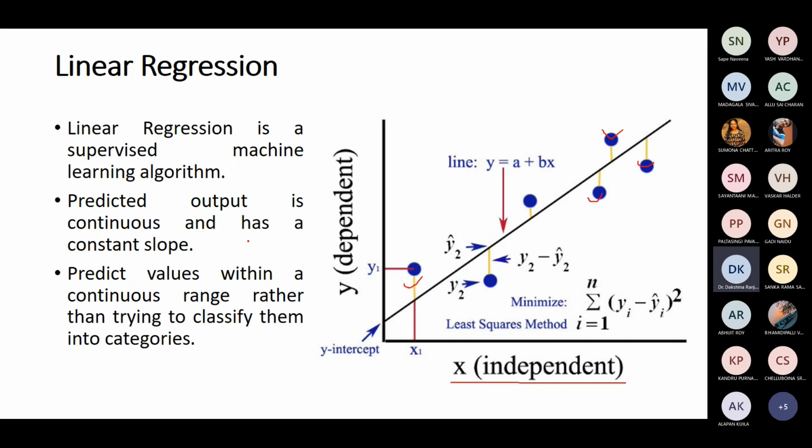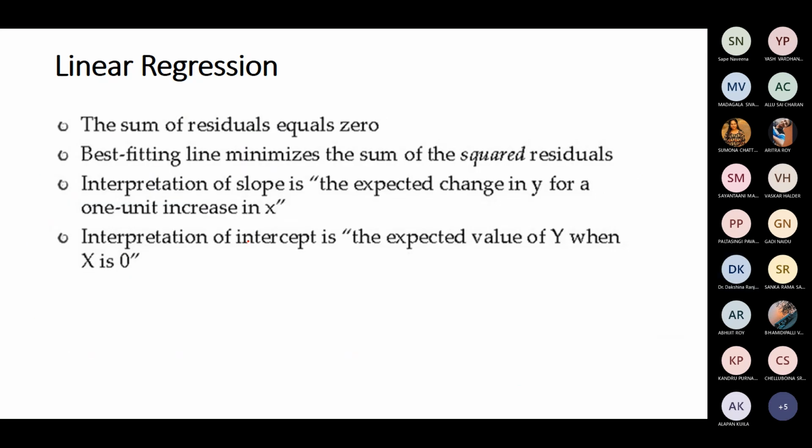Each and every data point is lying on the linear regression line, then we could say that the residuals will become 0. Now here the best fitting line minimizes the sum of square residuals. As I said, when we get the best fitting line to the data points in the xy plane, then we could minimize the sum of square residuals.